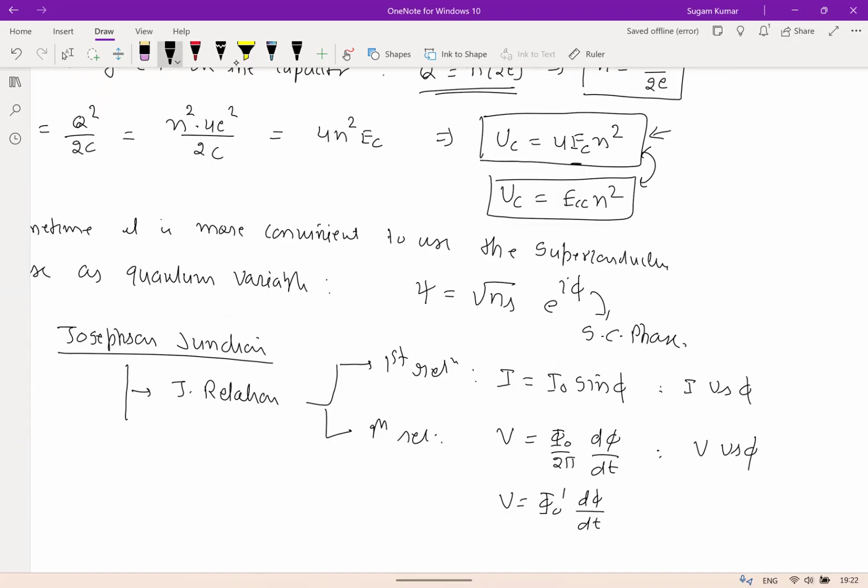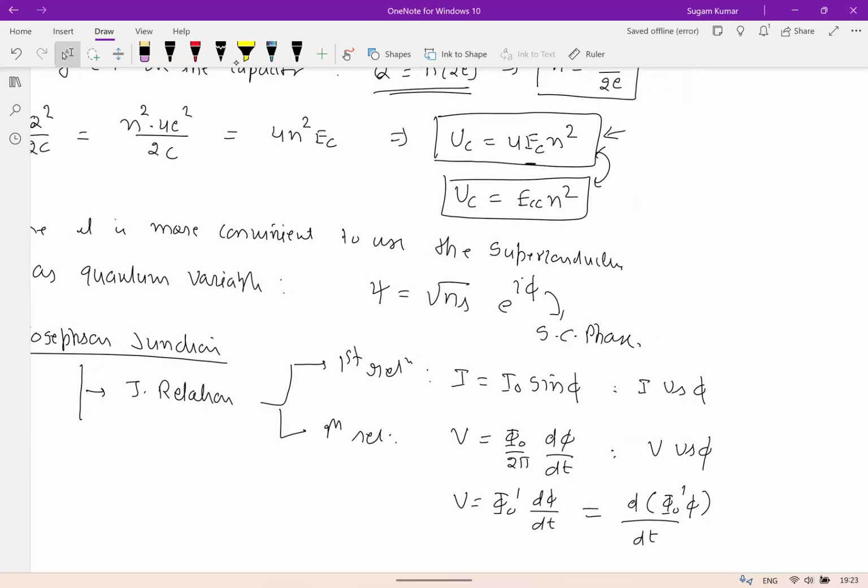In fact, if you take this term inside, then this is going to become d of phi naught dash and phi upon dt, and this must be equal to phase.